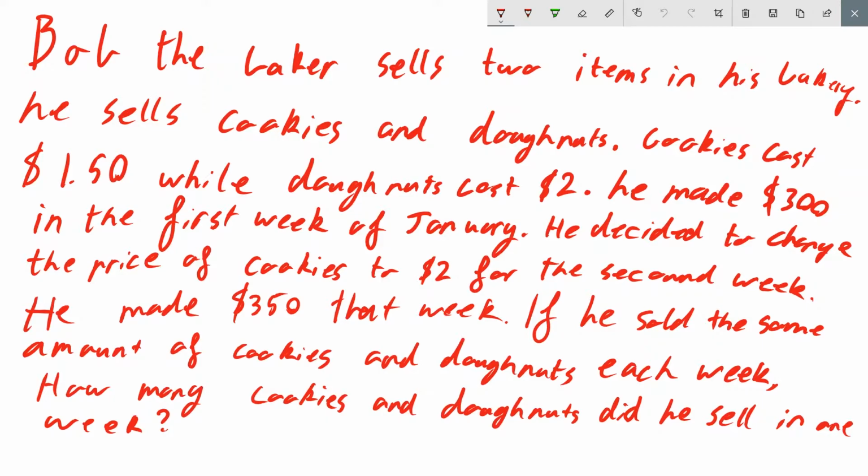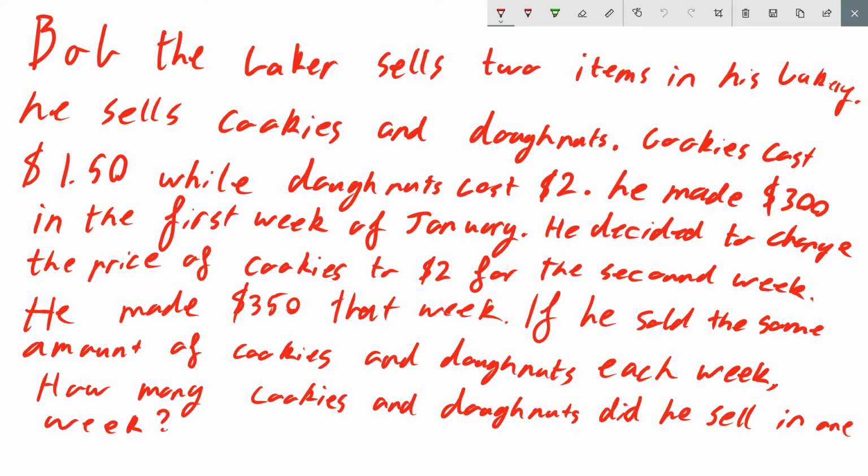Sometimes they put extra names, so maybe Bob and Amy have a bakery. They try and overload you and give you too much information, so you have to try and figure out, okay, what information am I actually after? Like, first week and second week aren't necessarily important. They're just things to help you distinguish, oh, this is the first equation, this is the second one.